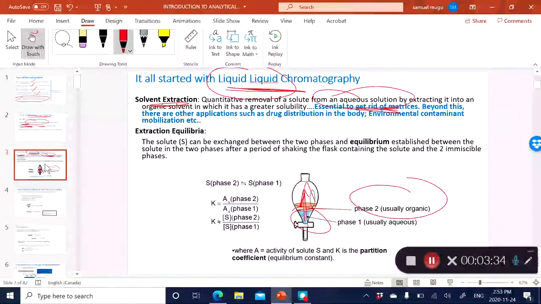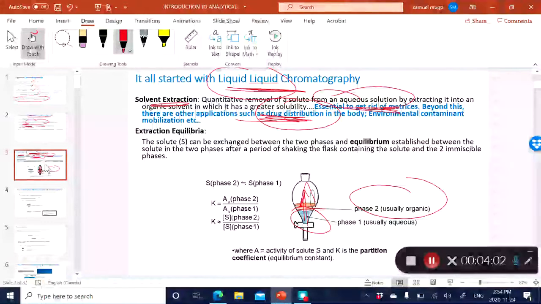But other important applications of this theory of liquid-liquid extraction actually is in pharmaceutical pharmacokinetics, in terms of drug distribution in the body. Now, most of the drugs are fairly hydrophobic, and you get them into a body which has a combination of aqueous and organic phases.